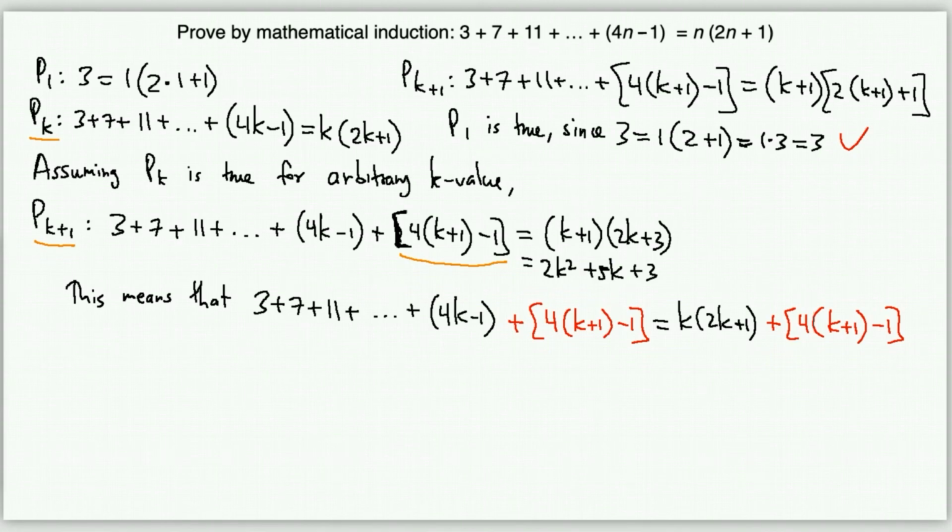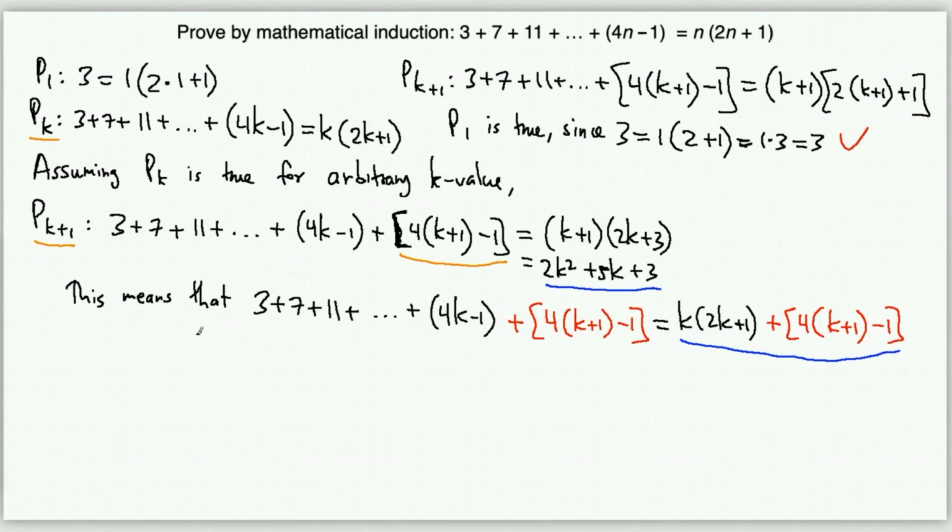So now we made the left side already identical. This is the Pk plus 1 statement left side, notice that. And we have to show that this right side is equal to this right side. If we show that this whole thing is equal to 2k squared plus 5k plus 3, then we have shown that indeed these two sides are equal and the Pk plus 1 statement is true.